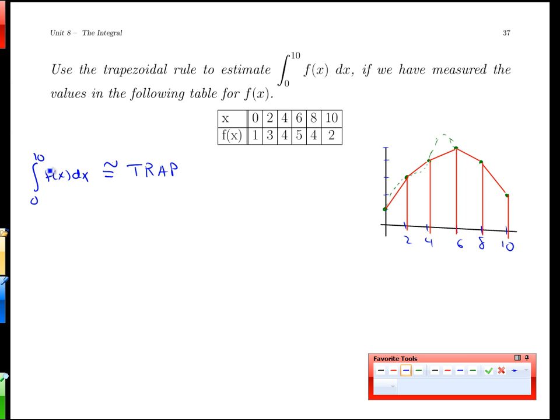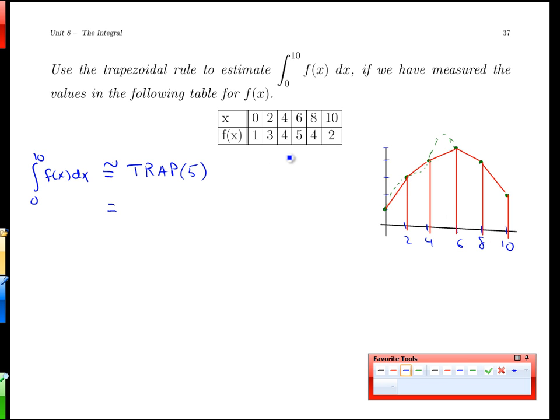Instead of the integral of the function, we're going to approximate it with trapezoidal approximating shapes underneath the curve of the actual function. And here we have 5 intervals, so we just call this the trapezoidal rule with 5 intervals being used.